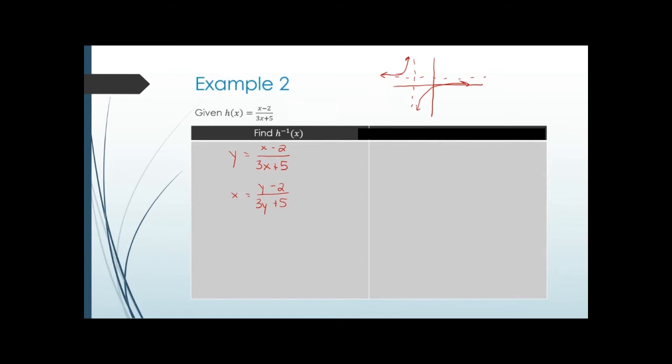Now I need to solve for y, and right now I've got y inside a fraction. So in order to do this, we first need to multiply both sides by the denominator so that I can remove at least the fraction, and it will make it a little bit easier to manipulate.